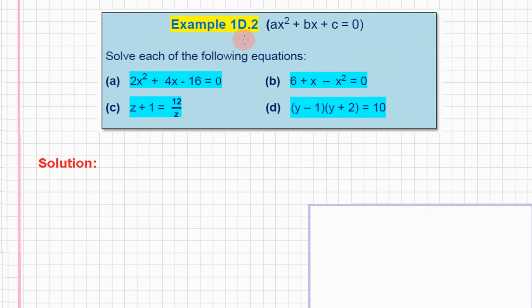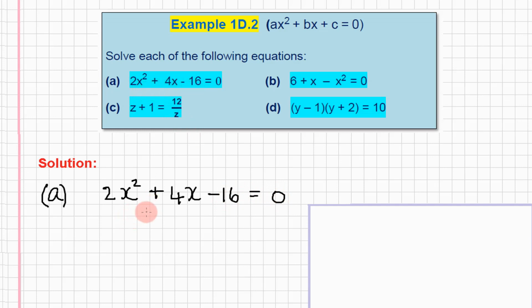So this example deals with solving quadratic equations that are slightly more complex. Let's look at A. Whenever we try and solve a quadratic equation by factorization, we always first check for a common factor.